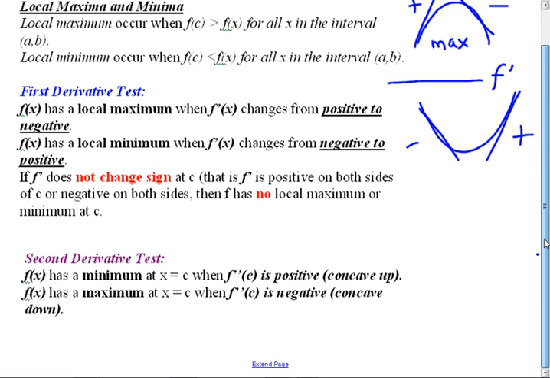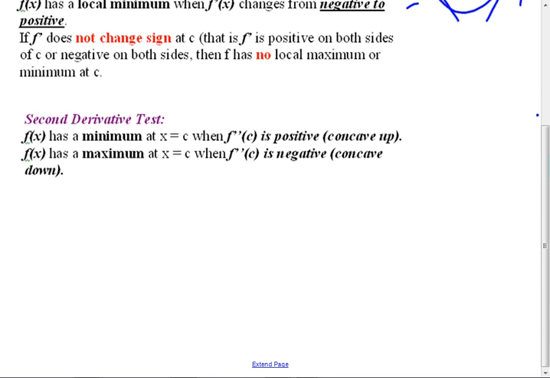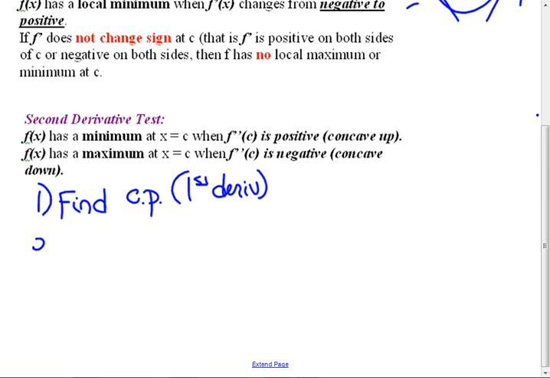Okay? Now, do you remember the second derivative test? We reviewed that in the Taylor polynomials. First, you find the critical points, so you have to do a first derivative. Then you find the second derivative and evaluate that at the critical points.